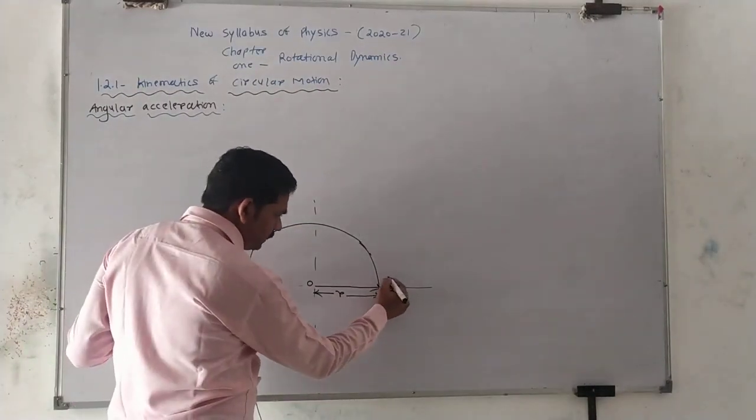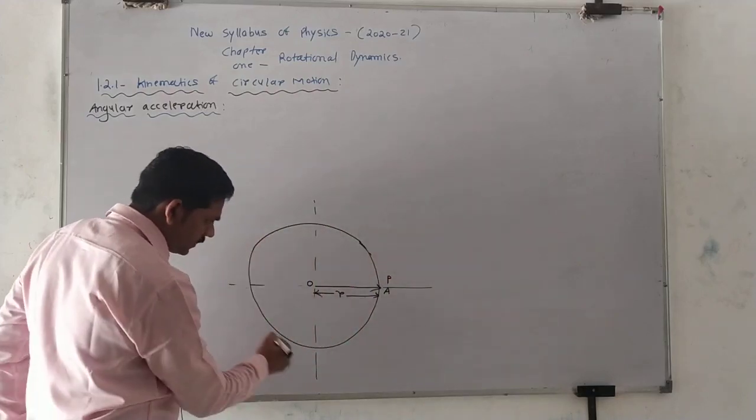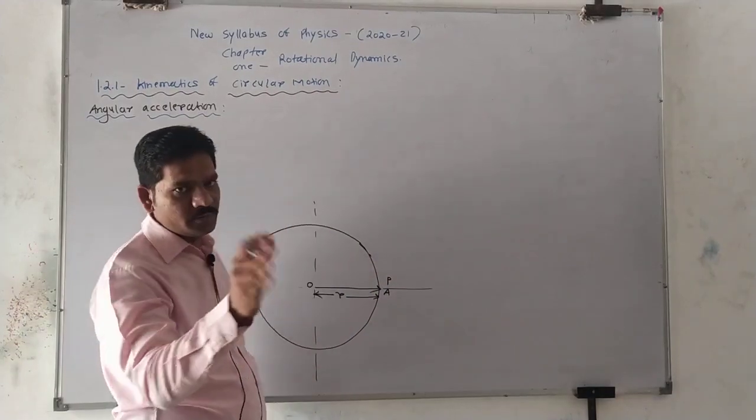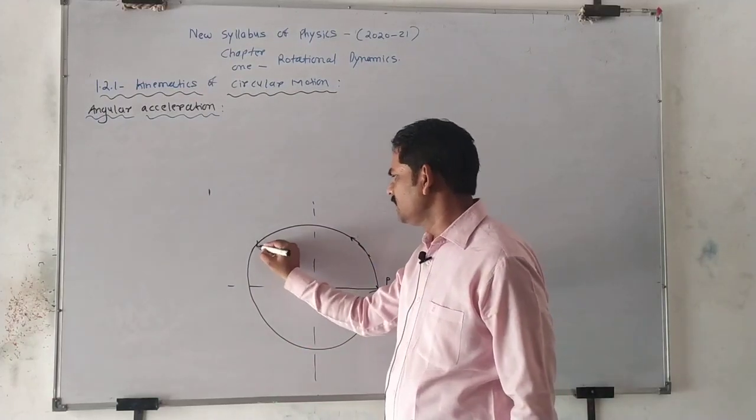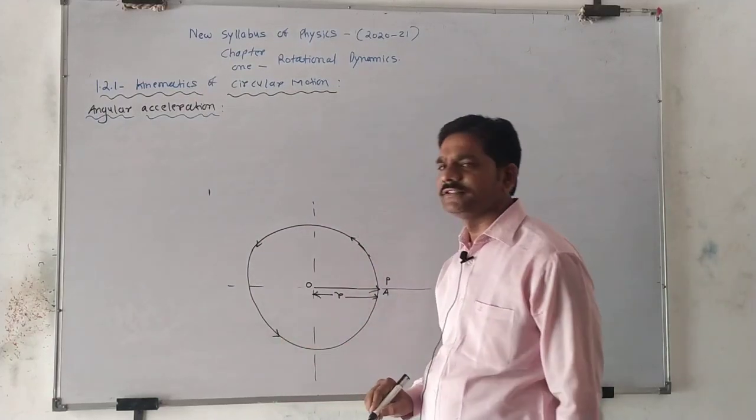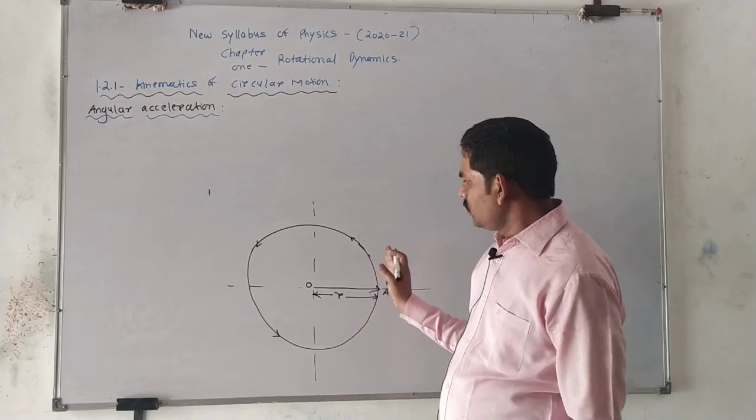We know the particle P performs circular motion along the circumference of a circle, suppose in the anti-clockwise direction.